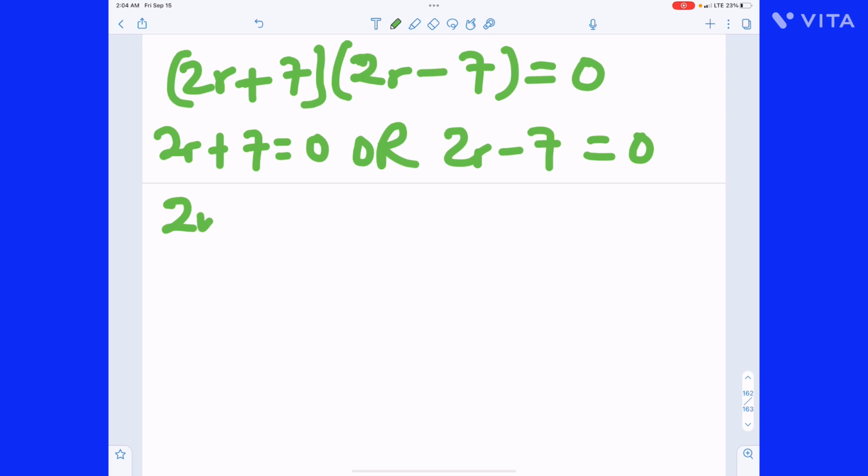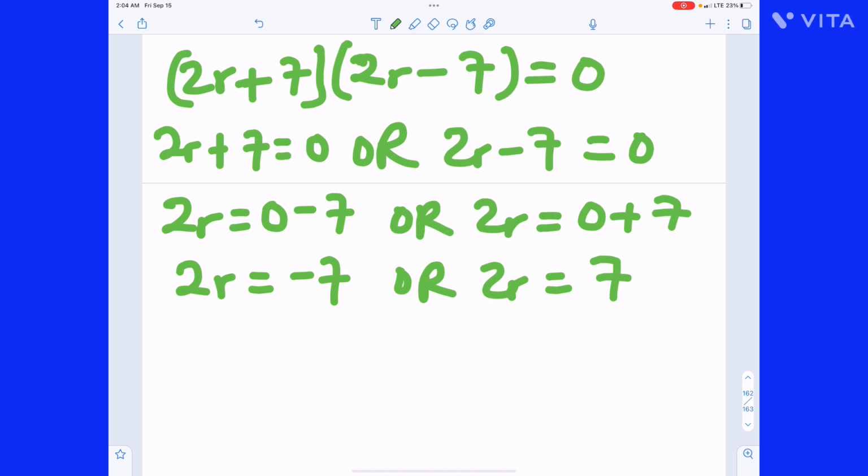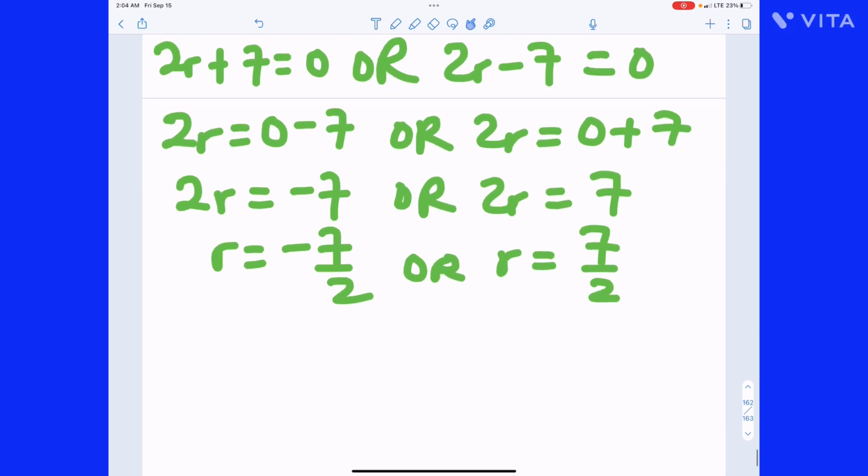So 2r is 0 minus 7, or 2r is 0 plus 7. That gives you 2r is minus 7, or 2r is 7. r is minus 7 over 2, or r is 7 over 2.